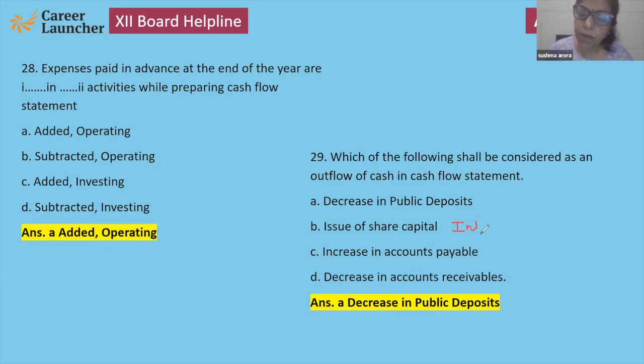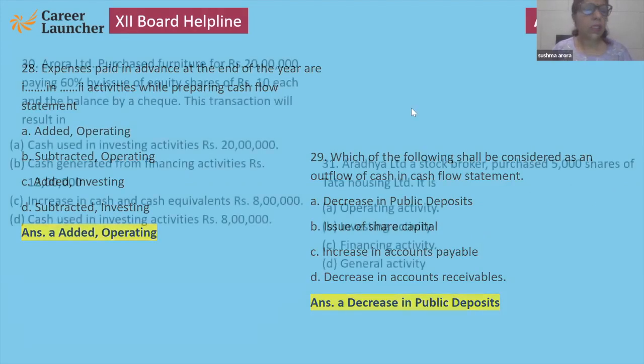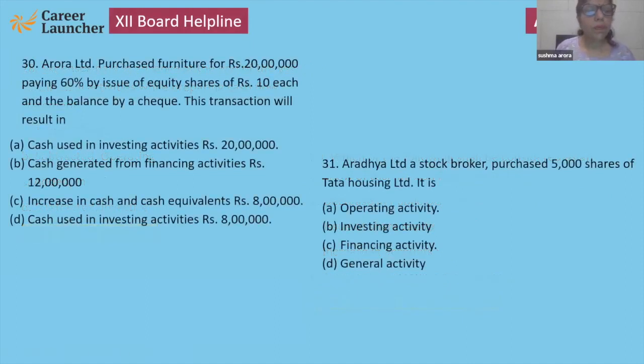It is inflow. Increase in accounts payable, that is also, as you know, DCA and ICL. So here decrease in public deposits means that is a payment. Payment means outflow. Next.